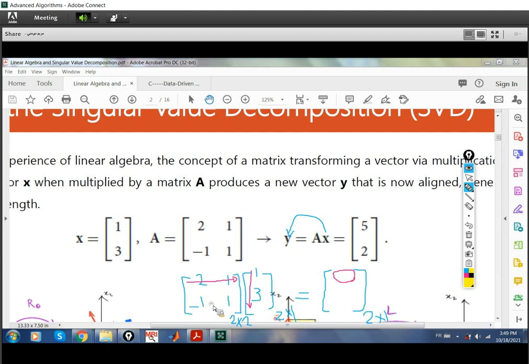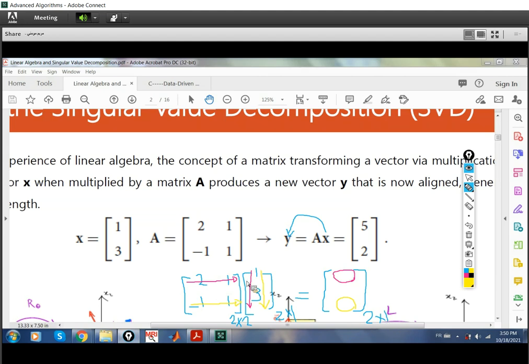And the second row is multiplied by this vector, and the result yields the second value of this 2 by 1 matrix.